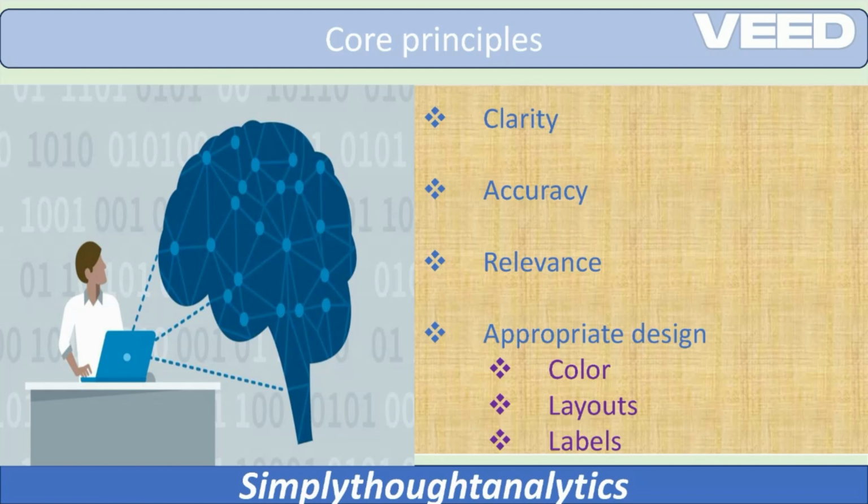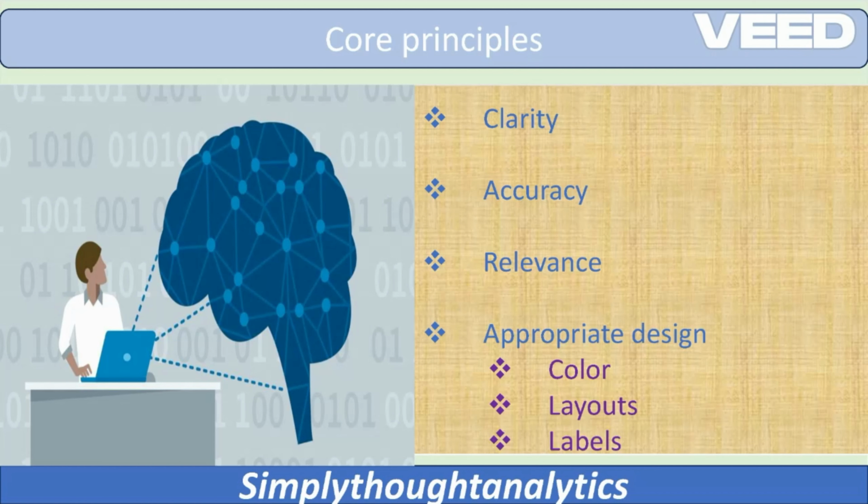We must ensure that the visual is accurate in terms of its ability to express and show the kind of information that we build it for. Relevance. The visual also must be relevant to whatever we build it for.